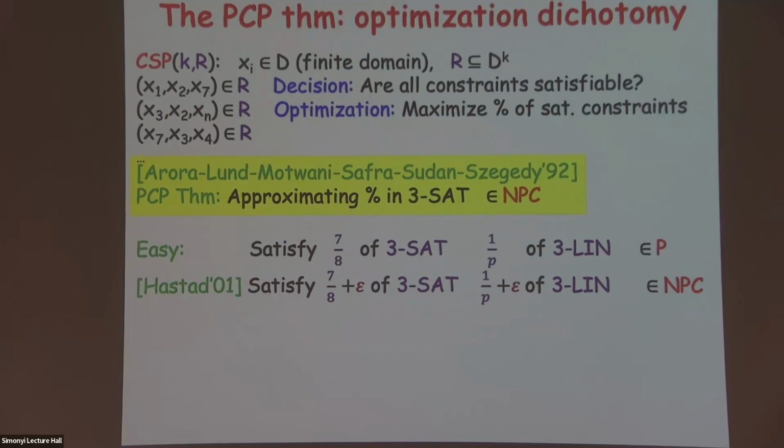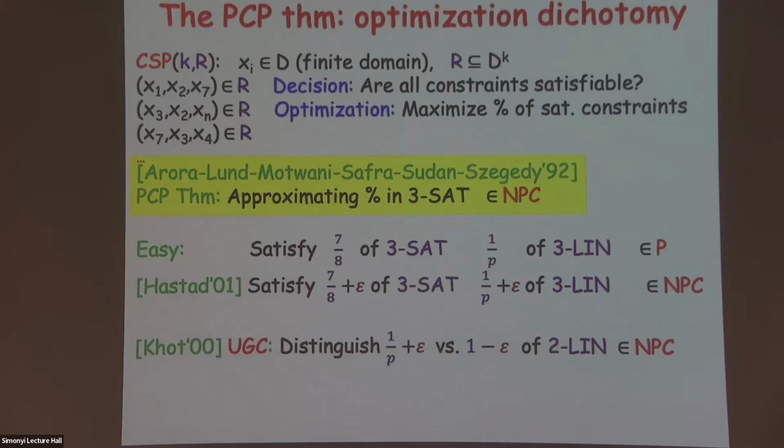And one particular, further pushing of this hardness was a conjecture of Subhash Khot, which again was extremely prescient and fundamental. He conjectured that even separating for linear equations between doing a little bit better than 1/p, or I promise you that 99% of them are satisfiable, just telling apart this very easy from very hard case, is NP-complete.